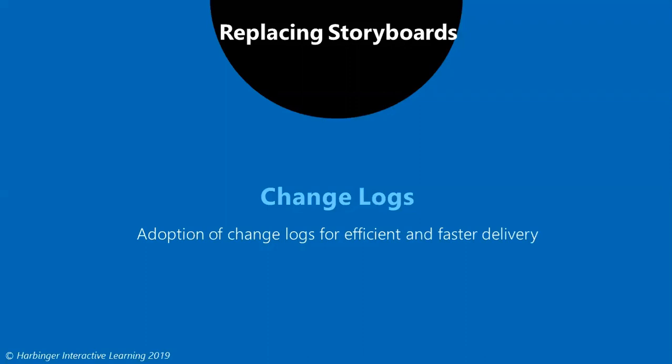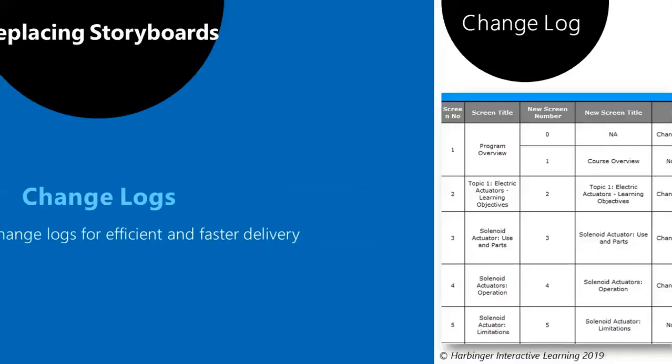Now, in this 4D process, there are some very specific terms that we have used. For example, the first one is that we said we would replace storyboards with change logs. So let's take a deeper dive into what we mean by a change log. What does a change log actually look like?